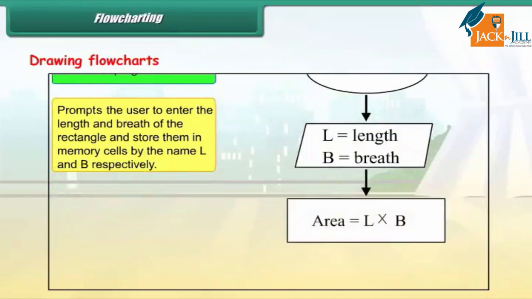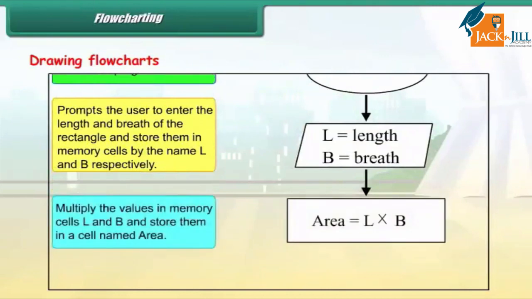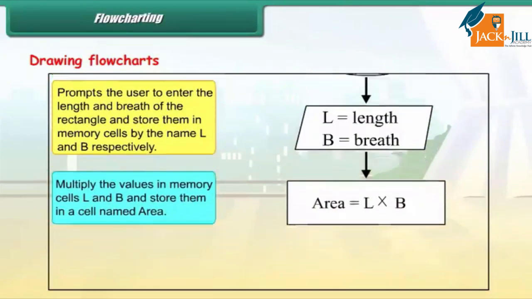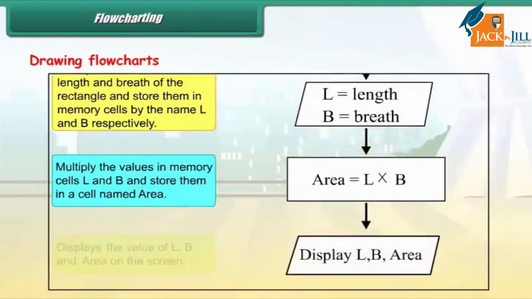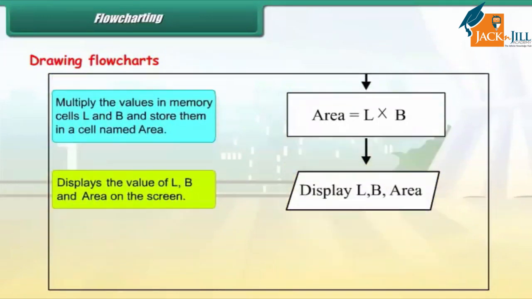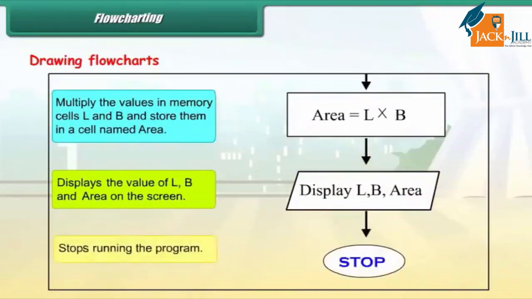Multiplies the value in memory cells L and B and stores them in a cell named area. Displays the value of L, B and area on the screen. Stops running the program.